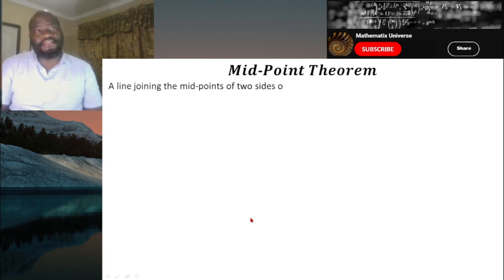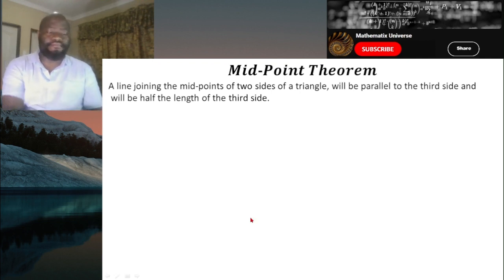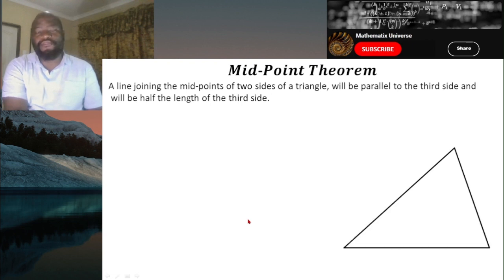So it says, a line joining the midpoints of two sides of a triangle will be parallel to the third side and will be half the length of the third side. Okay, so say we have a triangle, any triangle.